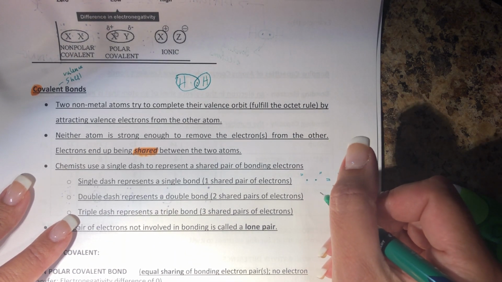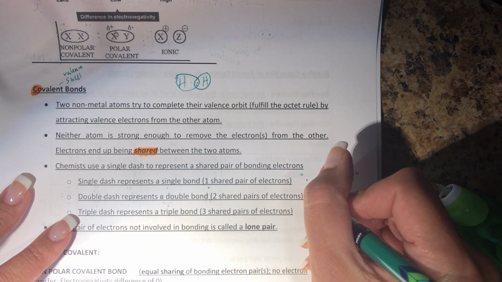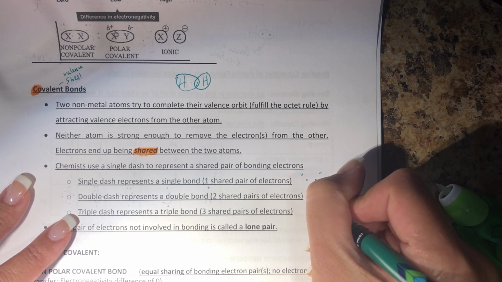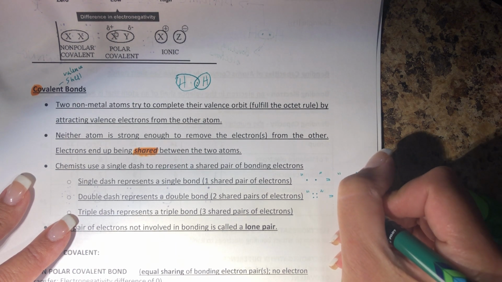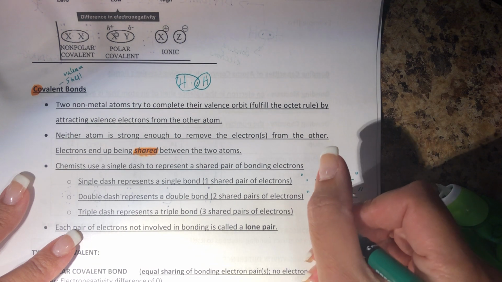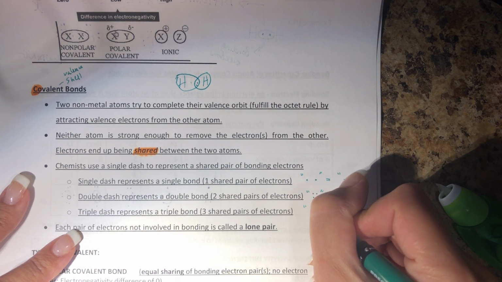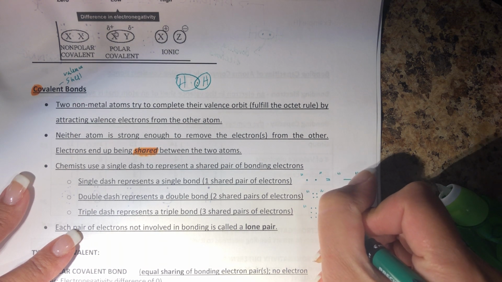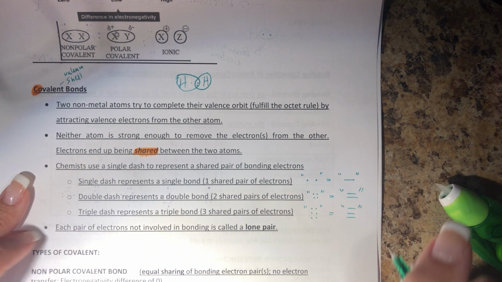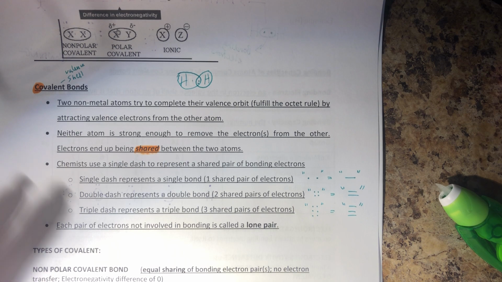If you have a double dash, it's a double bond, two shared pairs of electrons, so it would be like this. And a triple would be a triple bond, so it would look like this, three dashes equal three shared pairs. We'll see some examples of that in the following molecules we're going to draw.